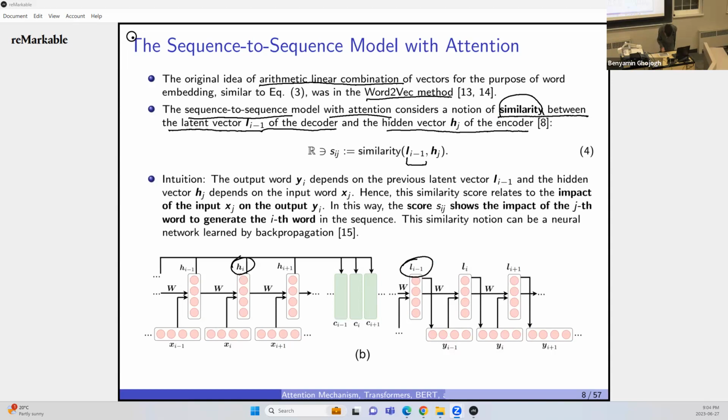Hi or Hj, it doesn't matter; I'm denoting it Hj because I don't want it to be confused with Li-1. This is a similarity between the hidden states in the decoder and encoder. I denote it by Sij. Basically, it means the relation of the ith output and the jth input.